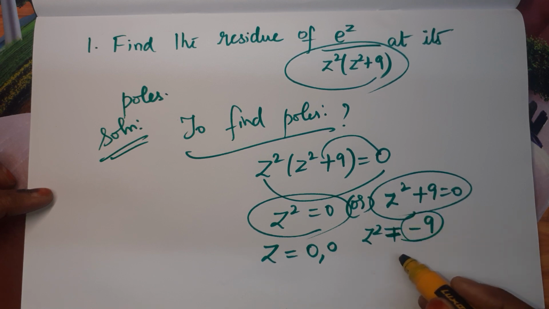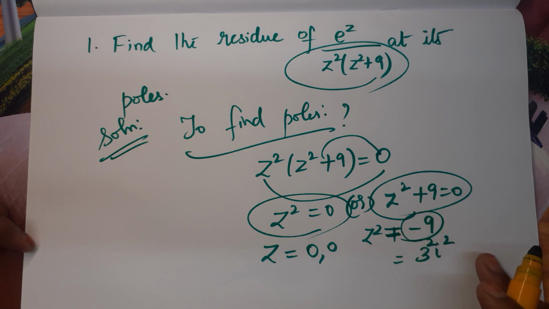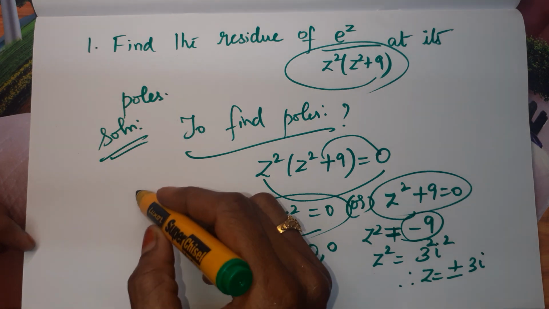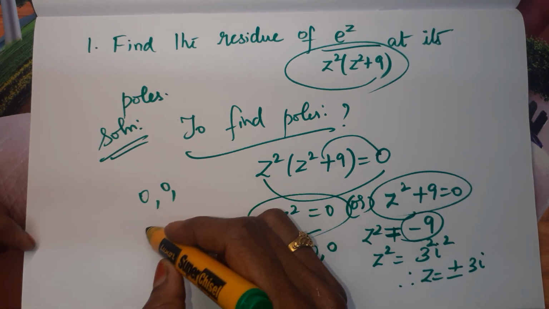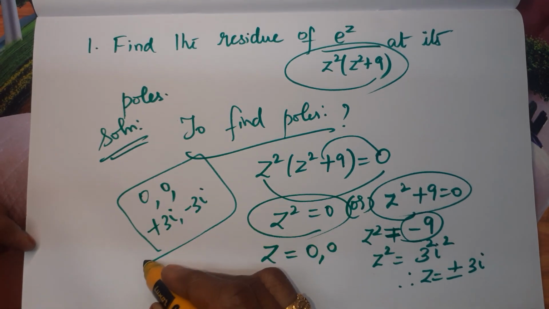Minus 9 can be written as 3 squared into i squared, since 9 is 3 squared and minus 1 is i squared. So z squared equals 3 squared i squared, therefore z equals plus or minus 3i. So the roots we have are 0, 0, plus 3i and minus 3i. These are the poles.